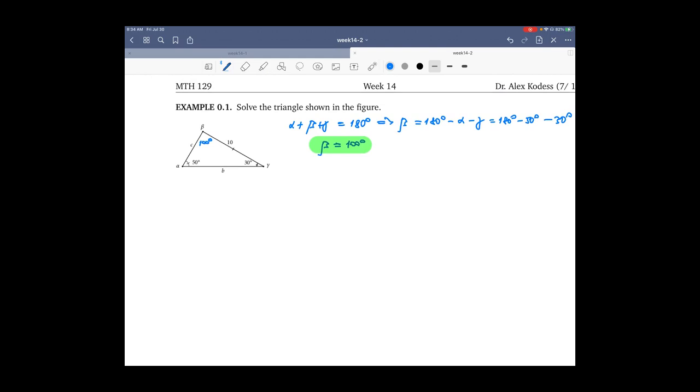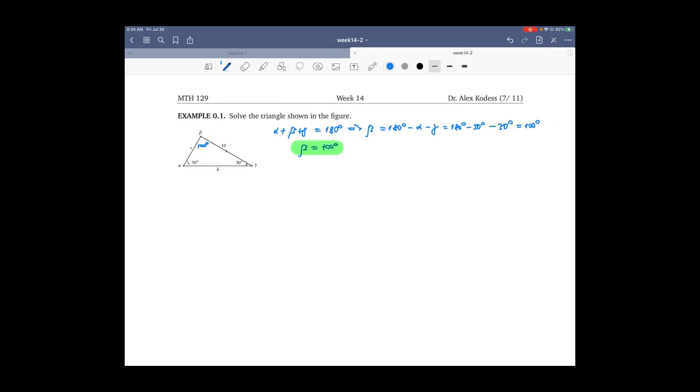So we do need to use the law of sines. Can we, for instance, try to find b using the law of sines? Let's see.